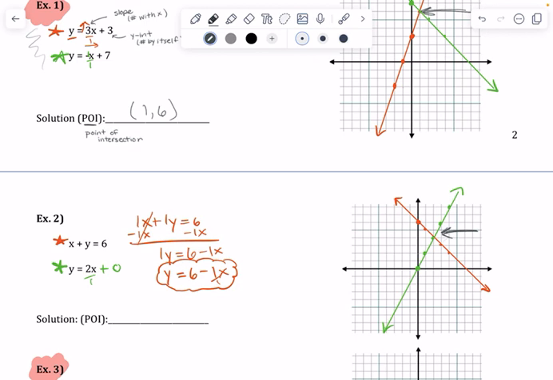So that guy right there, which looks like 2, 4. So we're just looking for an ordered pair that if you guys substituted back into your equations would make both of those equations true. It's the only shared point that both of your lines or both of your equations have.